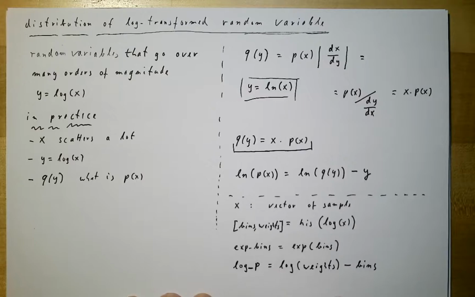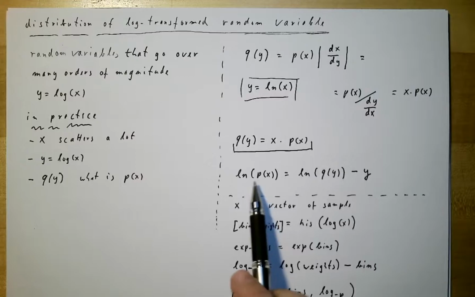And now we can plot the exponential of our bins versus our log p variable. And this then makes a plot of our log transformed p of x.